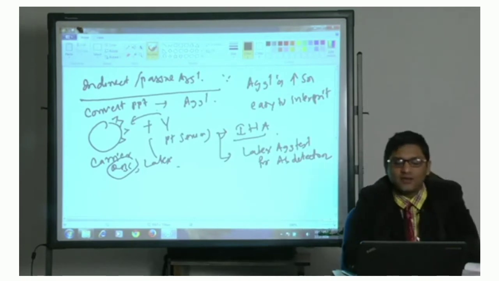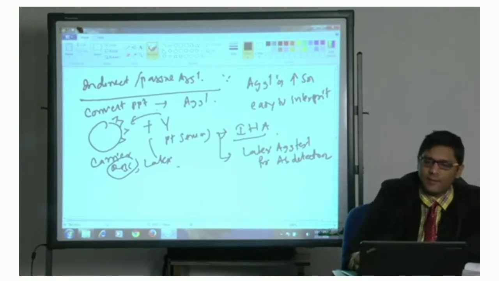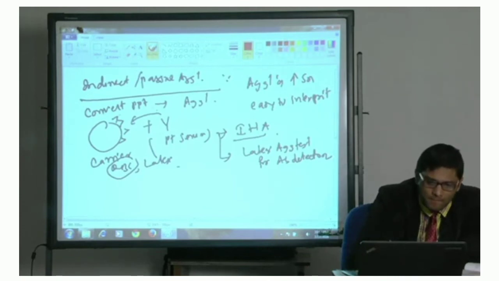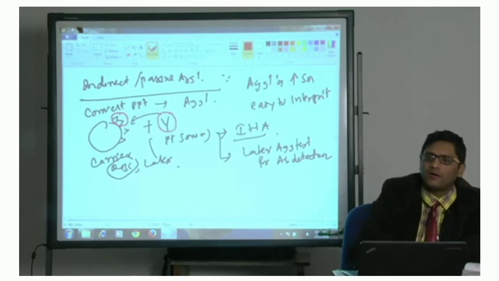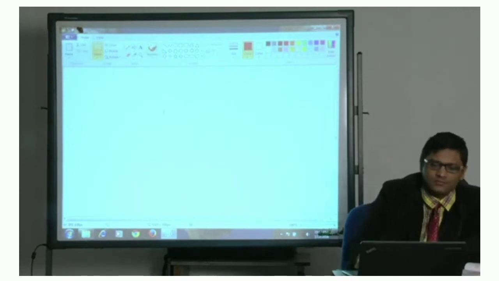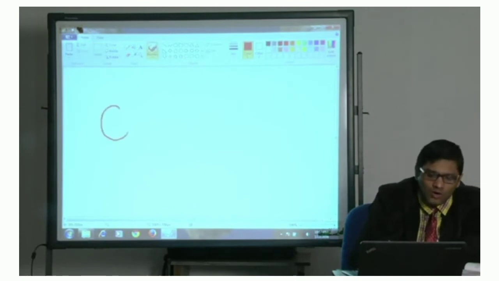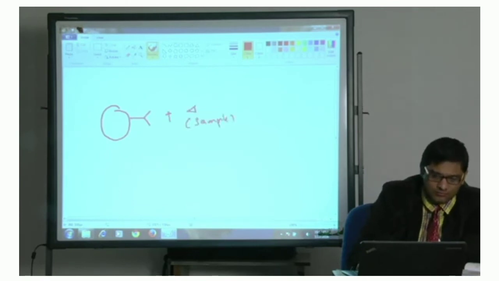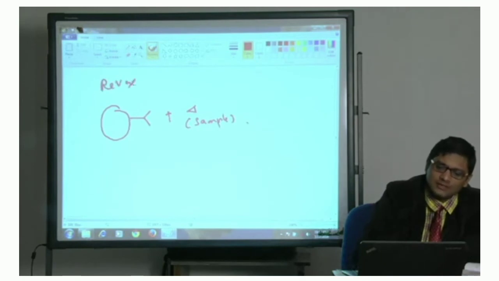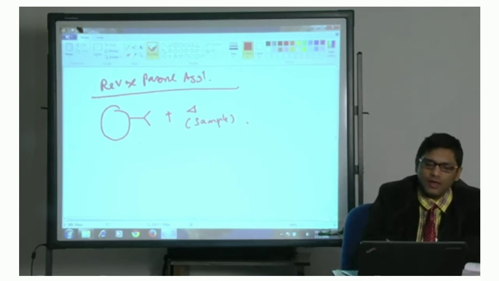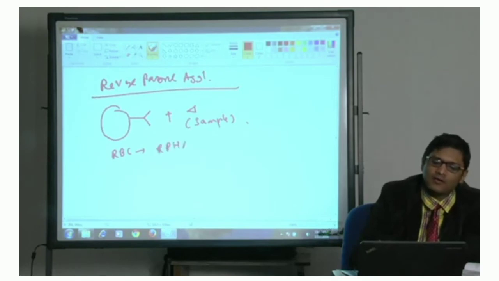Okay, all these are passive agglutination. So in passive agglutination, what is coated, what is detected? What is coated? Antigen. What is detected in patient serum? Antibody. You can do the reverse also. You can coat antibodies on the carrier molecule, which can be used to detect antigen in the sample. This is called reverse passive agglutination test. If you are using RBC, it is called reverse passive hemagglutination test.